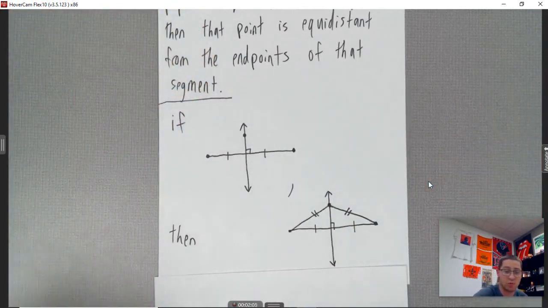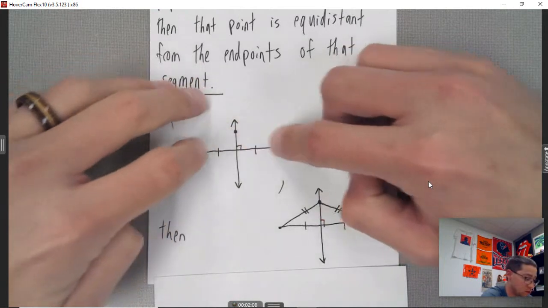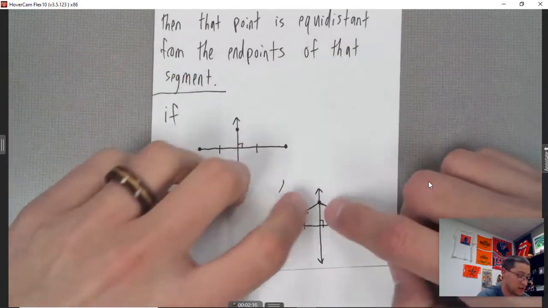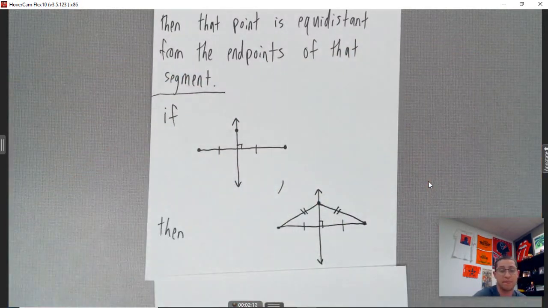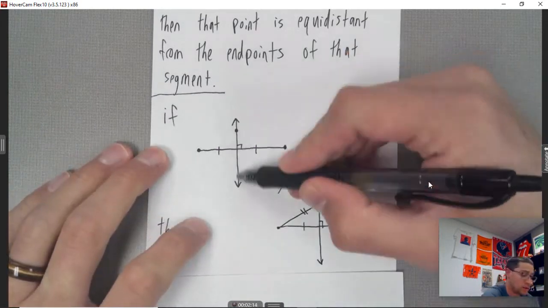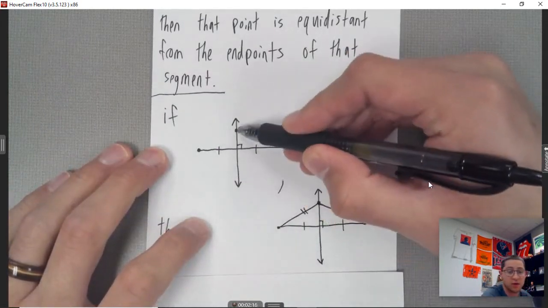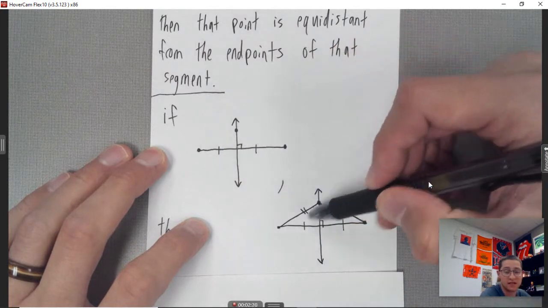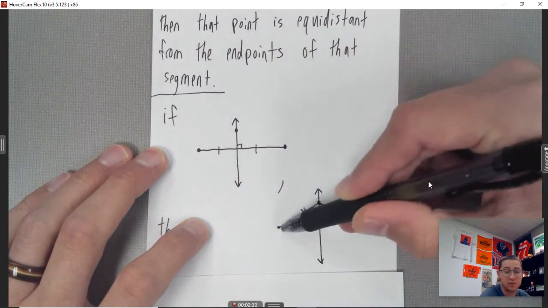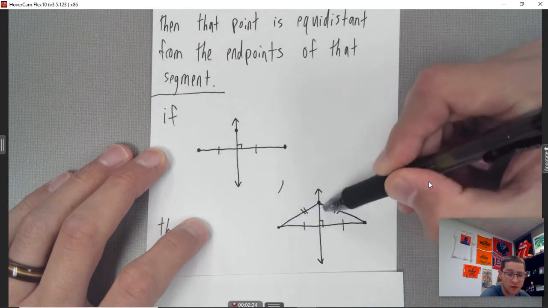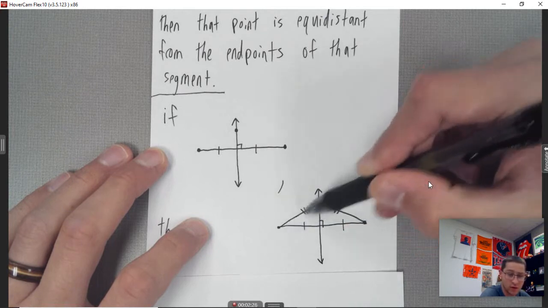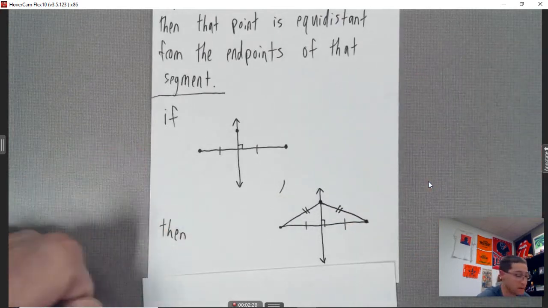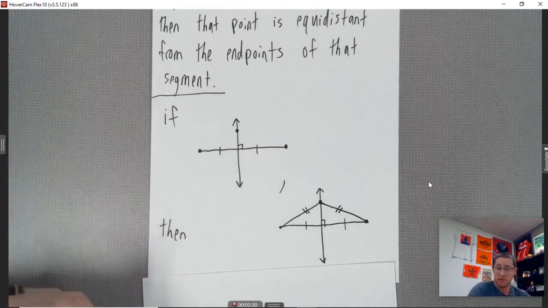The only new part is we created a line segment in here that is the same. So if I have a perpendicular bisector and a point on that perpendicular bisector, then that point is equidistant from the endpoints. Therefore these two would be the same. All right, that's the perpendicular bisector theorem.